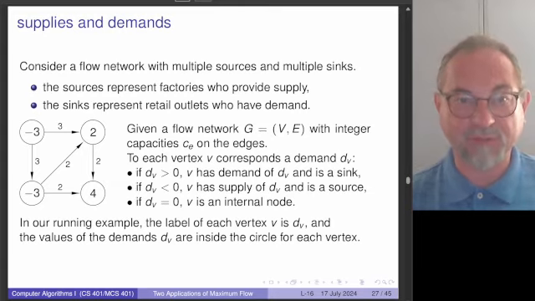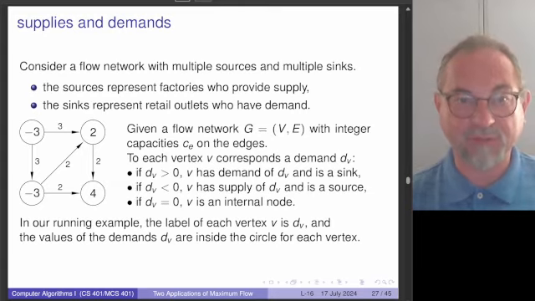If you look at the red numbers, the first vertex that acts only as a source distributes its supply of 3: 1 goes to the other factory and 2 go to the vertex that has a demand of 2. There is another 2 coming from the other factory.